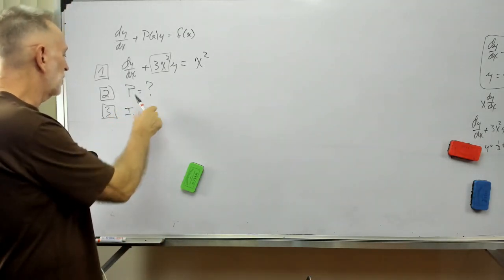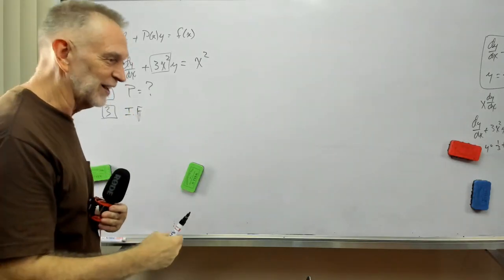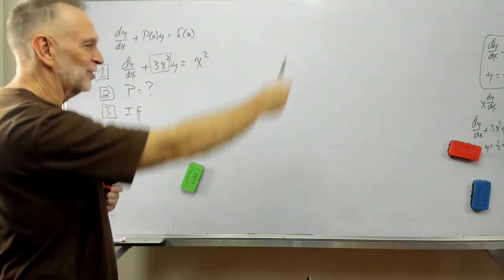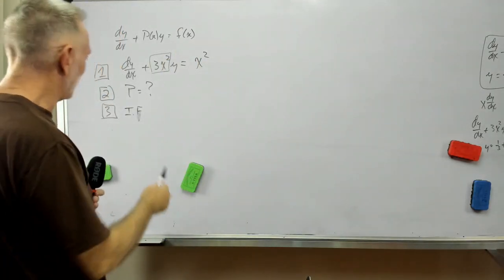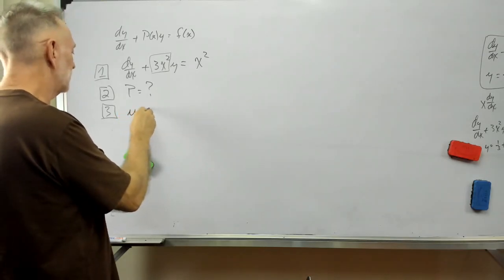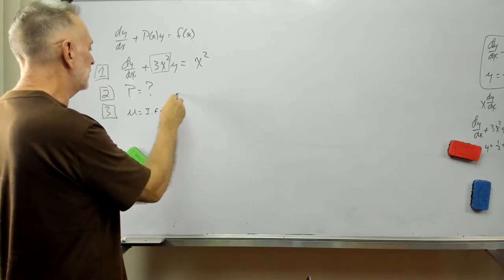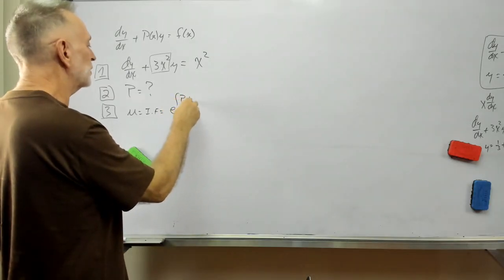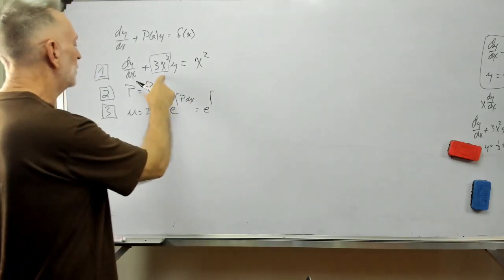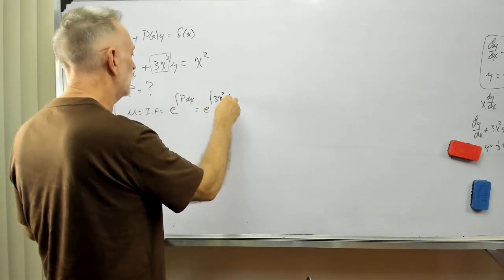I don't like to call it U, because we use U-substitution all the time, and I'll multiply and have another U, so I have to be careful. But they did call it U. So I'm going to say U equals my integrating factor, and that equals e to the integral of P dx, which in this case is e to the integral of 3x squared dx.